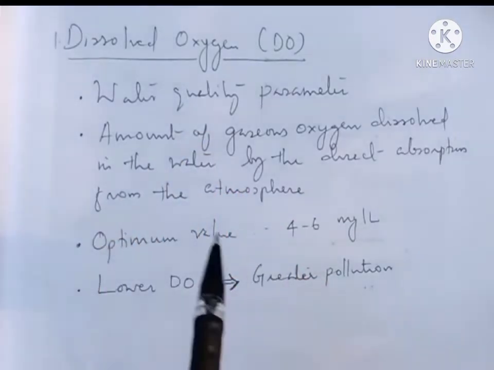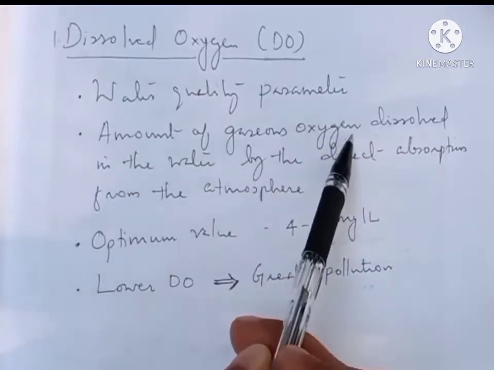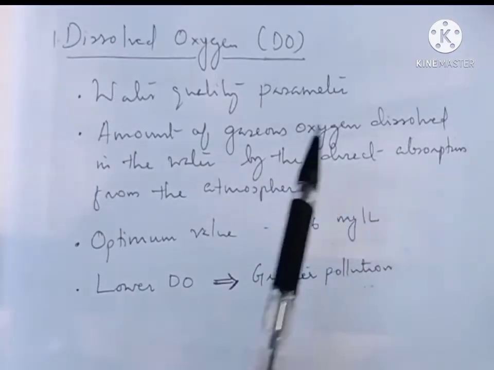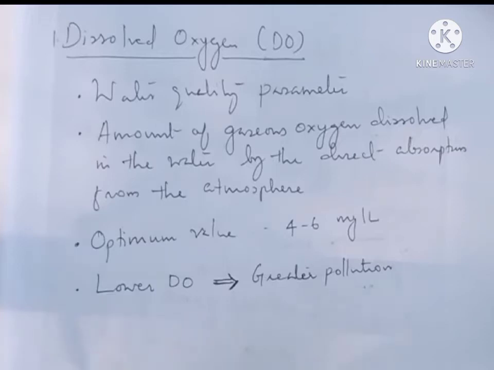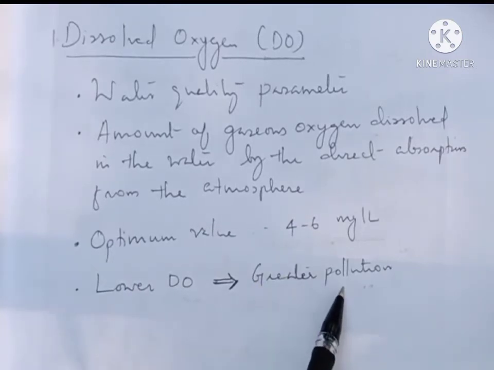So we can define dissolved oxygen as the amount of gaseous oxygen dissolved in the water by the direct absorption from the atmosphere. Normally, the reduction of dissolved oxygen indicates pollution. So, the lower the dissolved oxygen, the greater the pollution.